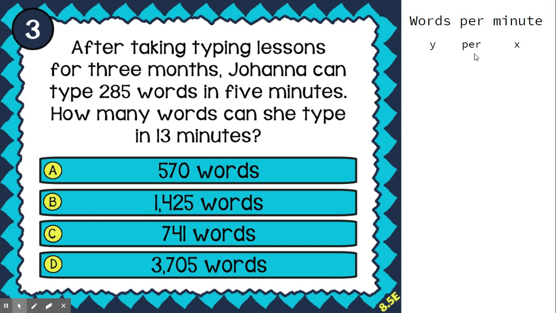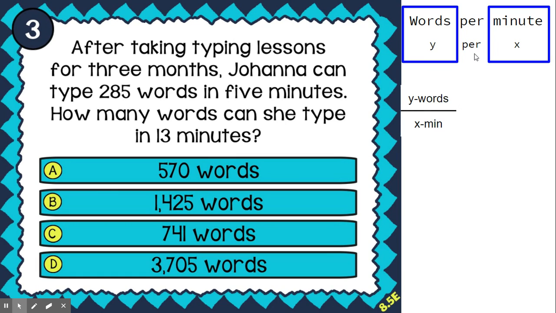So because I've mentioned to you guys already before, we always do y per x. So my words are y, my minutes are x. All right, so again, y over x, or in this case, words over minutes. So looking at what is first being told to me here, 285 words in 5 minutes. So that is my first fraction.